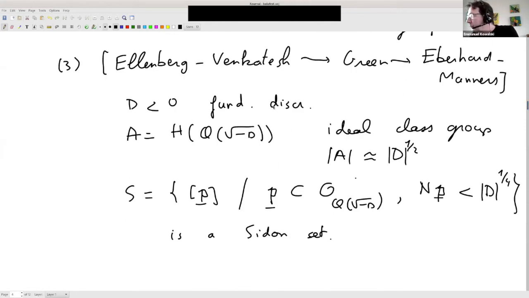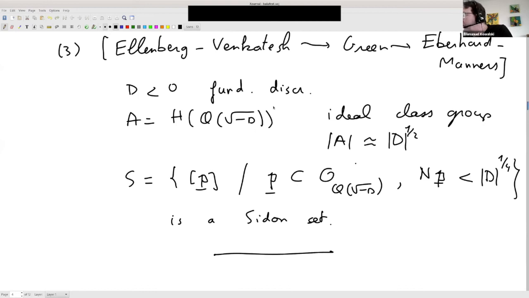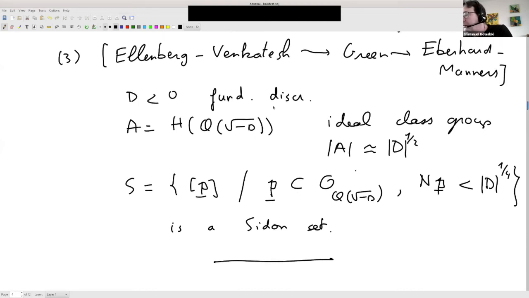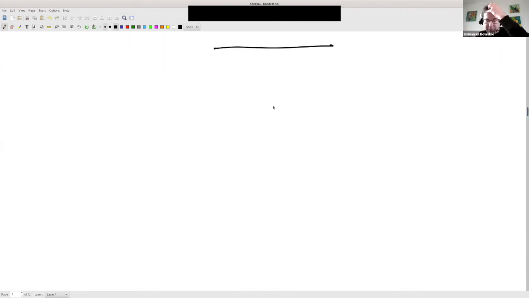Okay. And maybe I will mention more examples later, but now let me go to the third ingredient of my talk. So we have the exponential sums, we have the Sidon sets. Now we have to look at Tannakian categories.